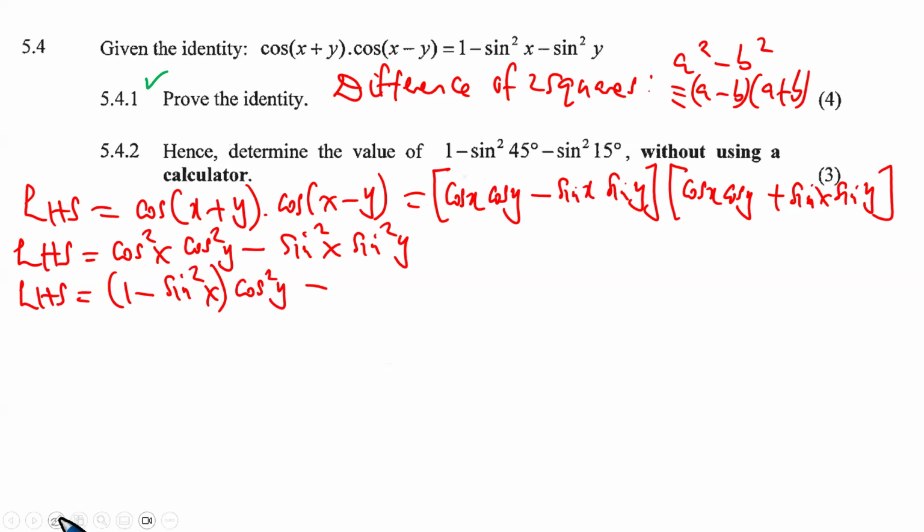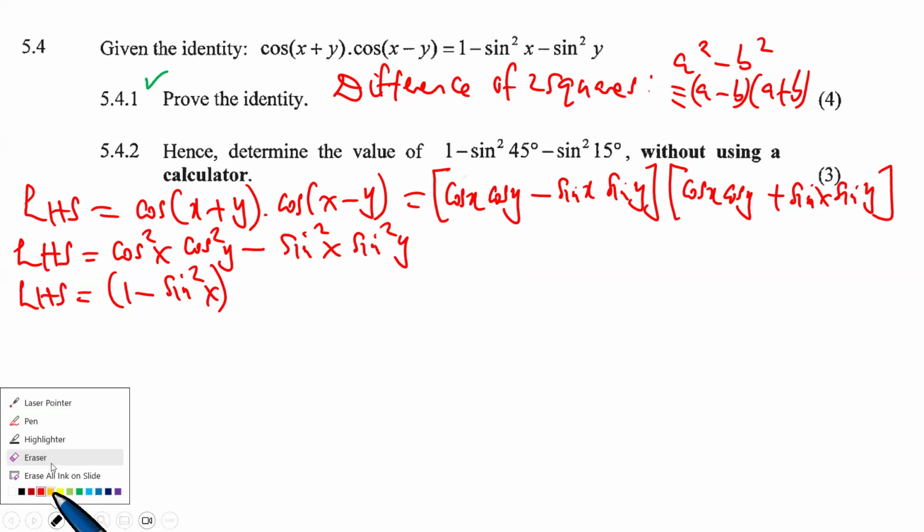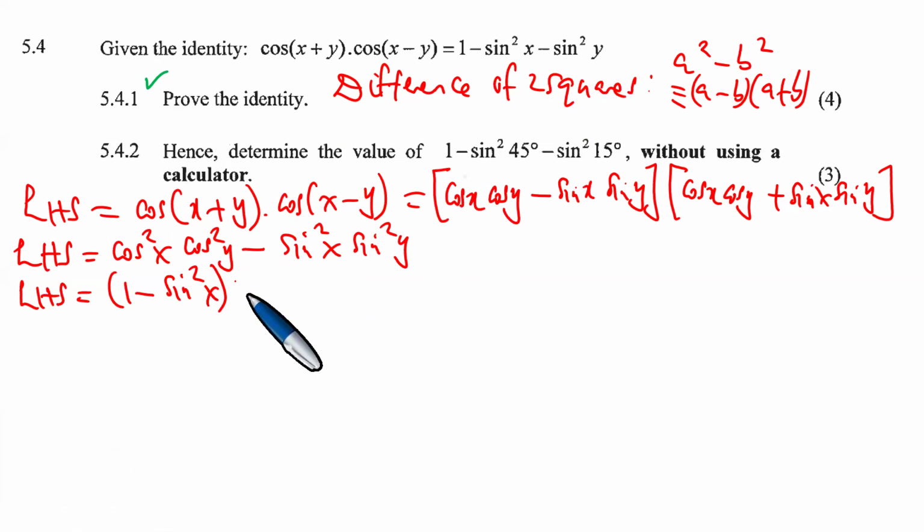And then we can also change this one. We can also make the following changes. Because at this point, we can see that there's no cosine x here. There's no cosine y. There is sine x, there is sine y on the right. So we need to convert every cosine x and every cosine y, which is 1 minus sine squared y.